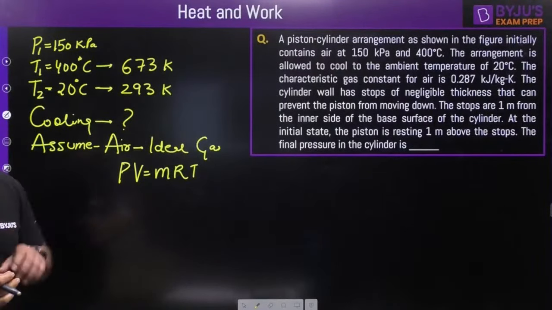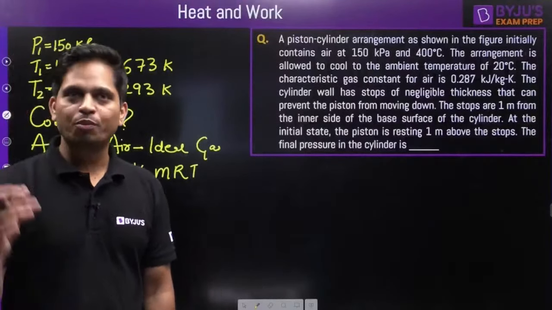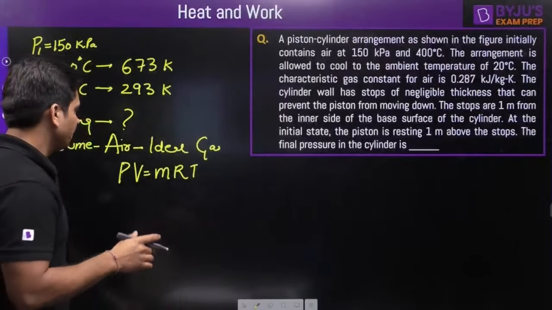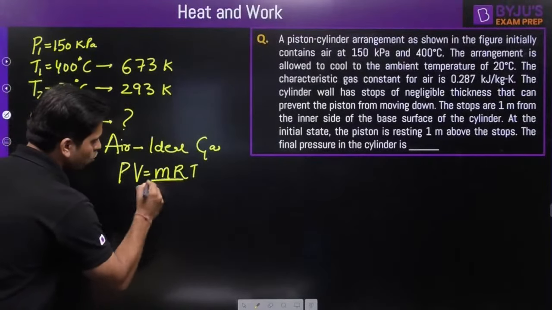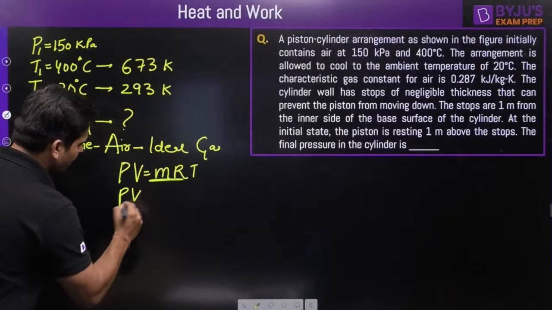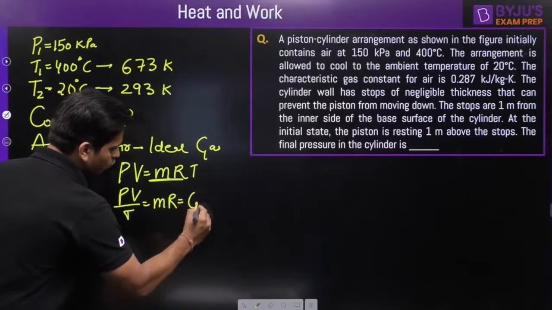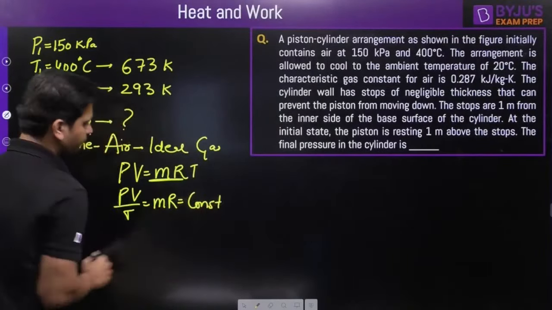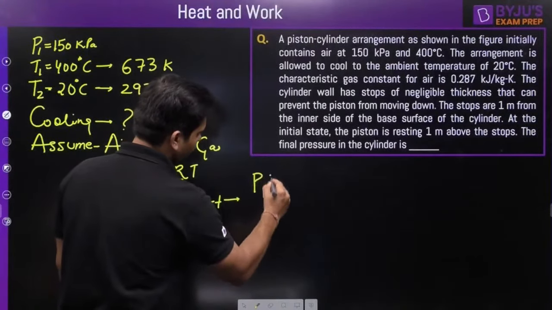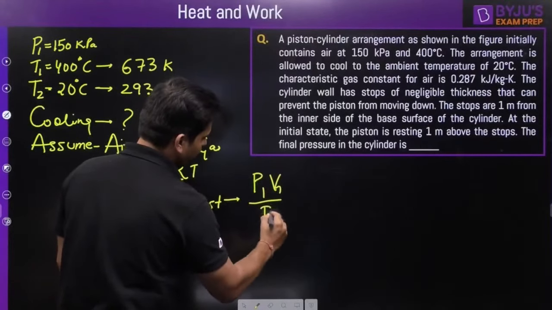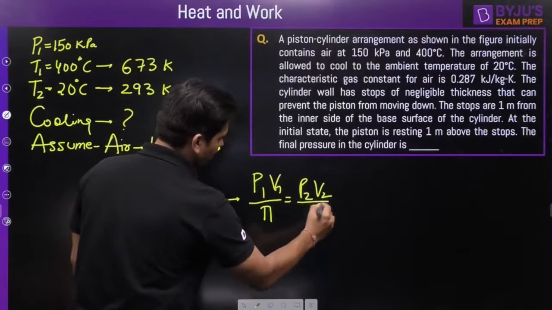So when I am cooling, its pressure is also coming down, its temperature is also coming down, its volume is also decreasing, okay? Because I am cooling, right? So PV upon T = mR = constant, and I can say that P1 V1 by T1 = P2 V2 by T2.